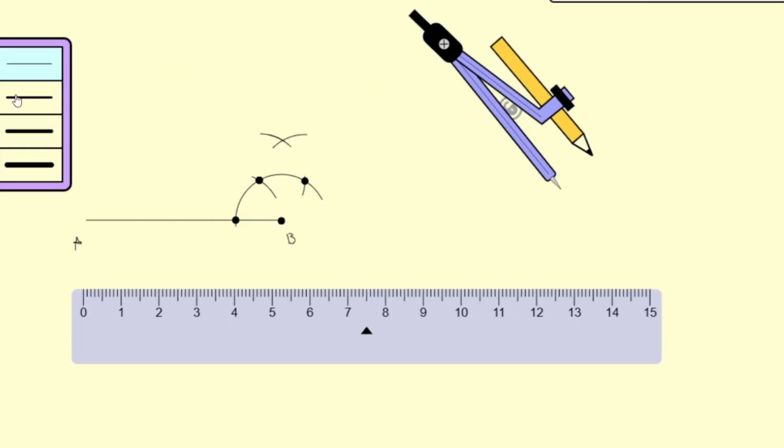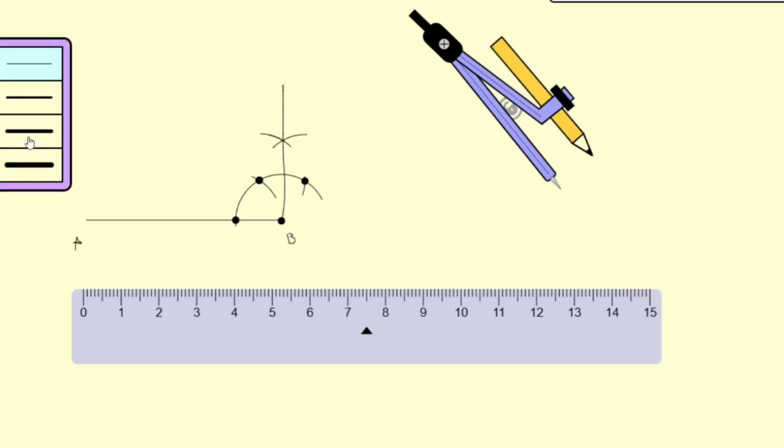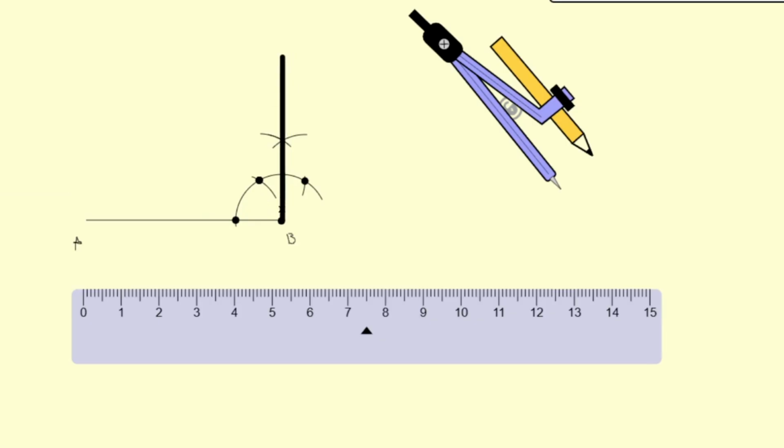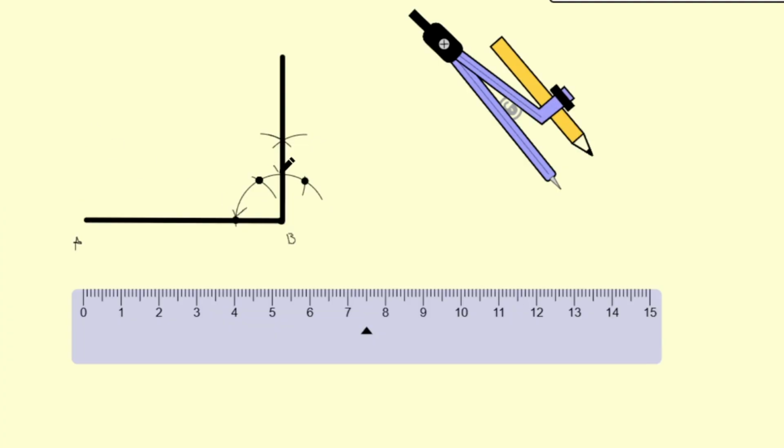We can now draw our 90-degree. Oops. We would use our straight line. So let us make it dark. 90-degree line. And then this part would be dark as well. Because once again, we are coming from here and here.